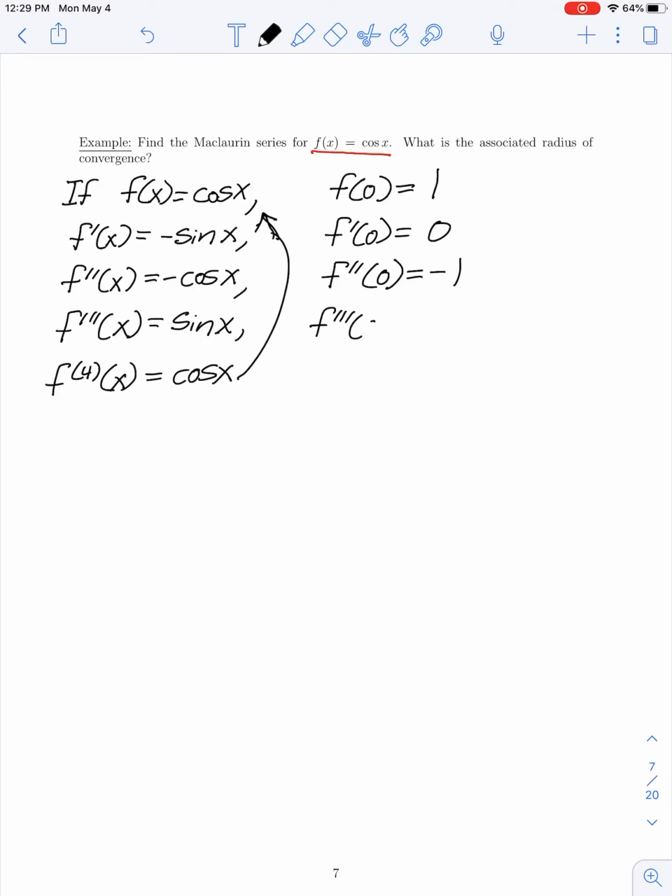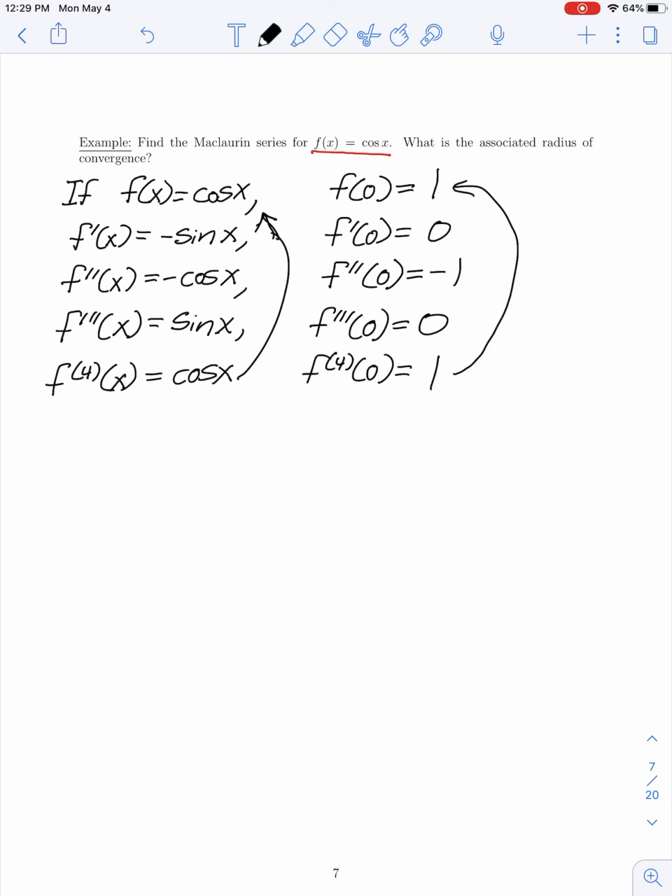Our third derivative at x equals 0 is sine of 0 or 0. And our fourth derivative at 0 is cosine of 0, which is 1. And again, since these derivatives were cycling through the same four values, our derivatives evaluated at 0 will cycle through the same values. 1, 0, negative 1, 0, 1, 0, negative 1, 0, and so on.